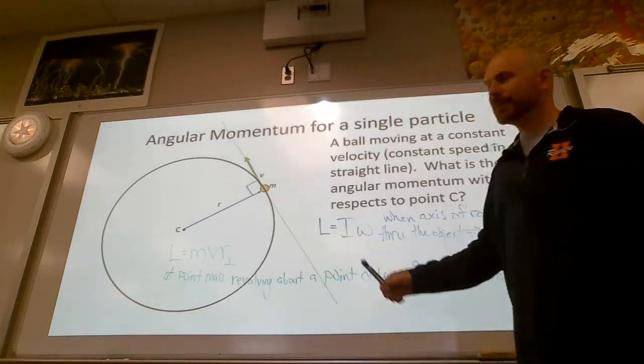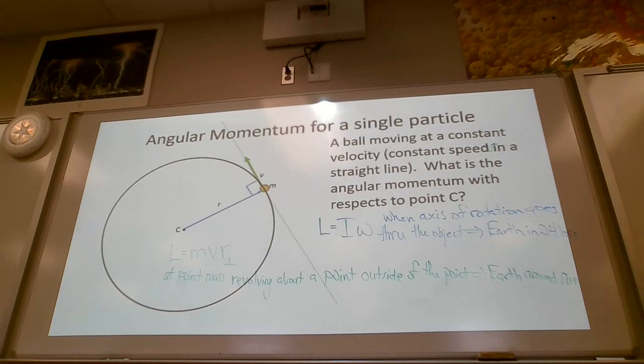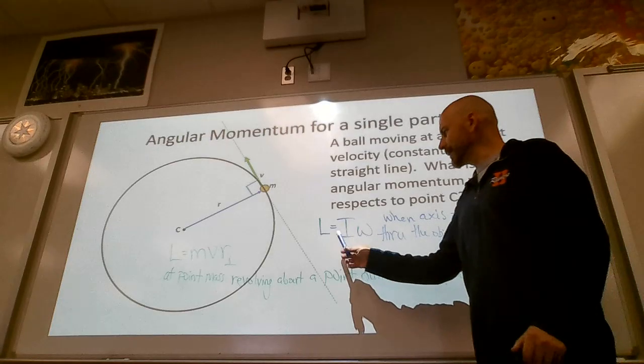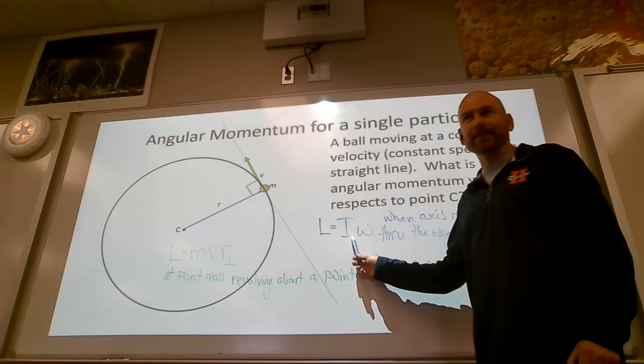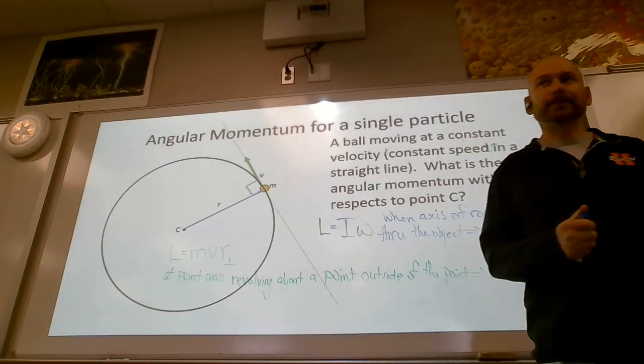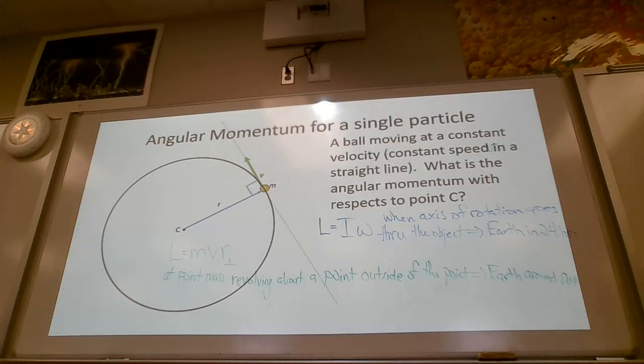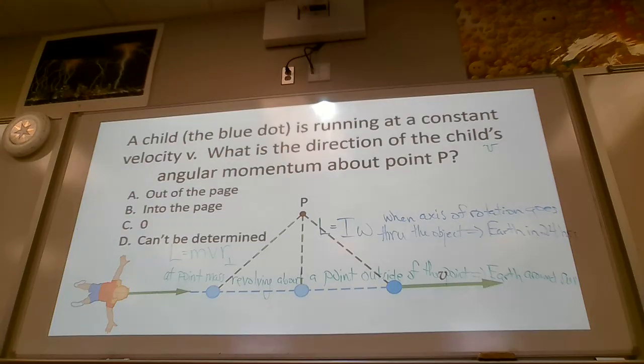If it's within the object, do that. Make sure your moment of inertia agrees. If it's not going through the center of mass, then you're doing the parallel axis theorem with that. Good there?